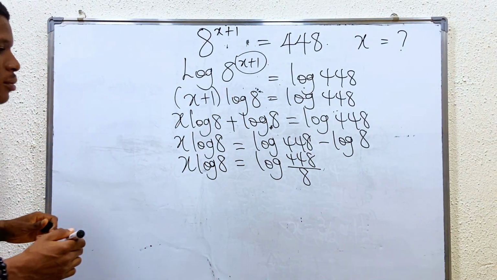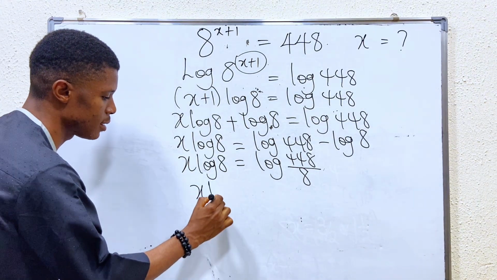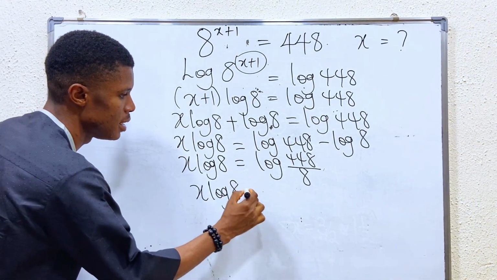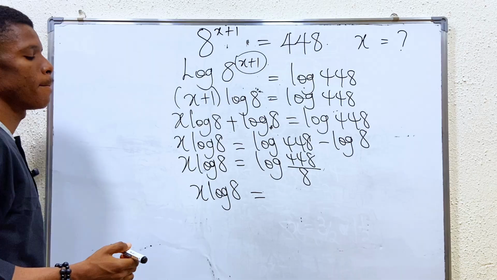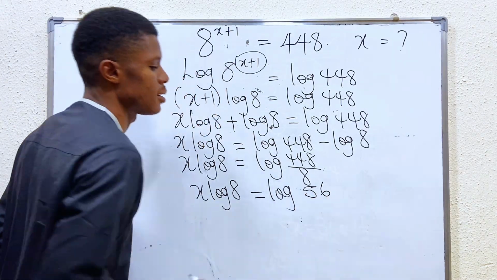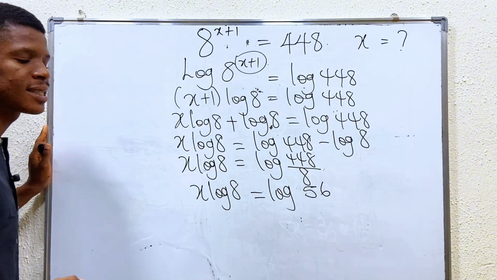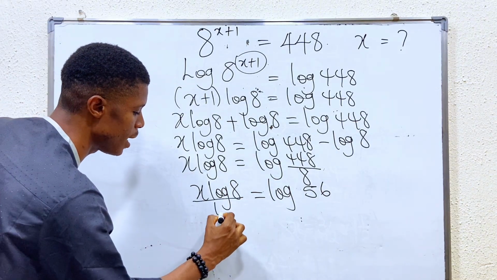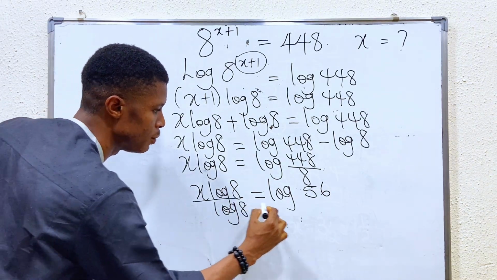So this will give us that x log 8 is equal to log 56.